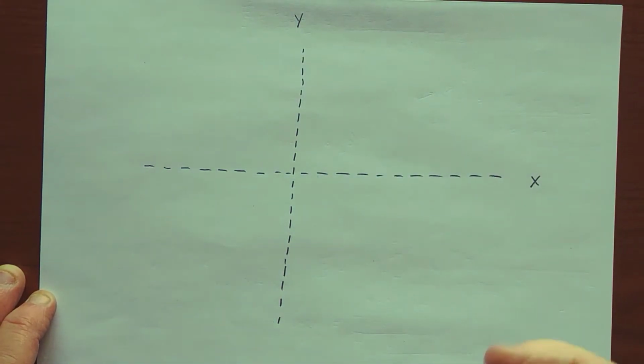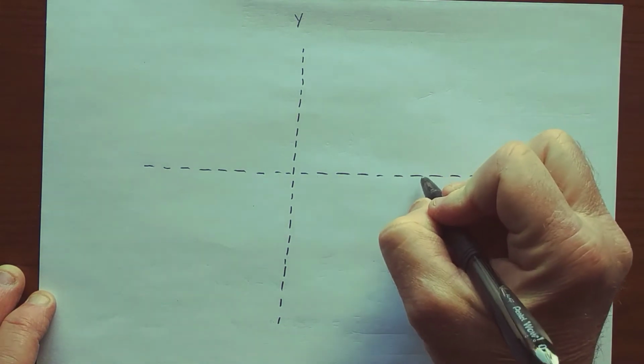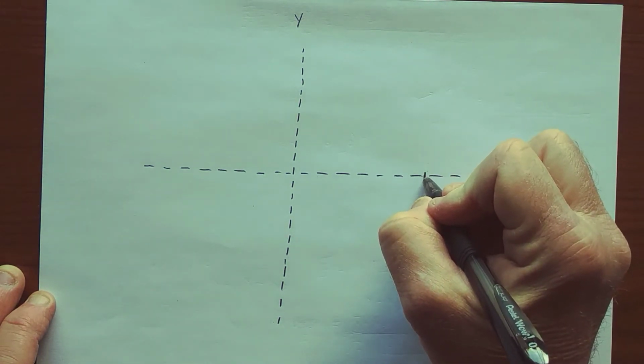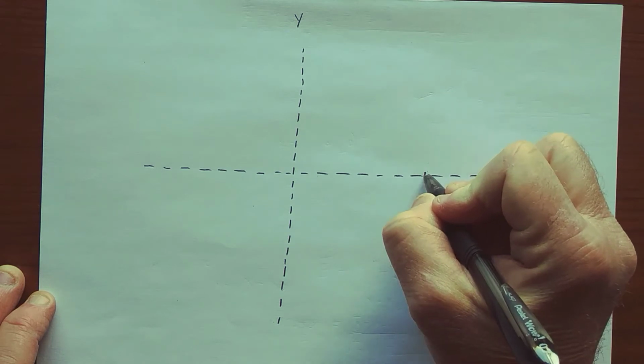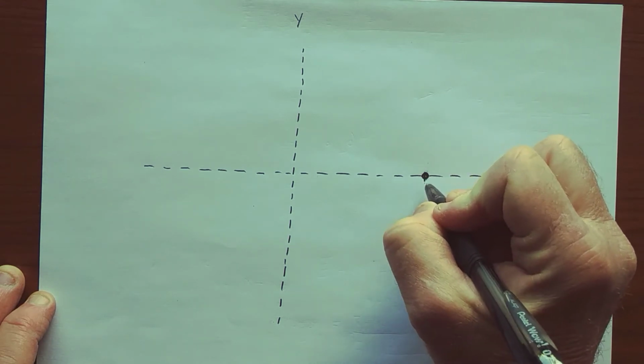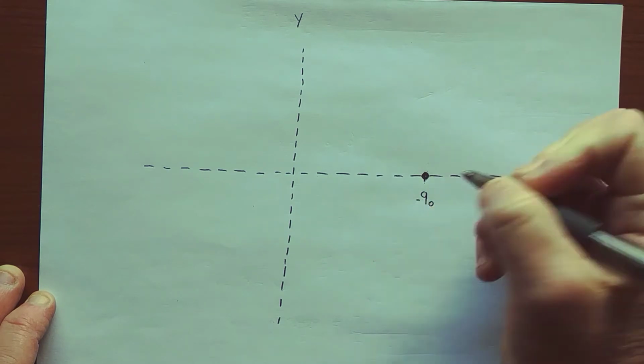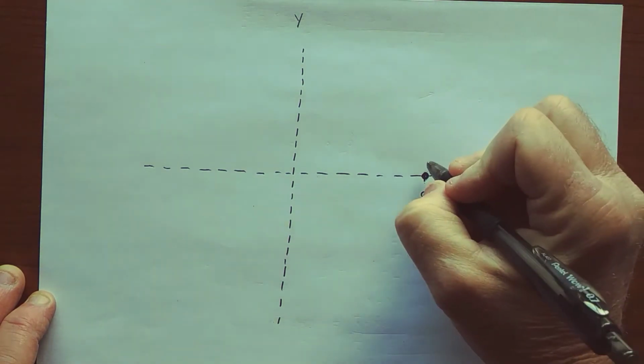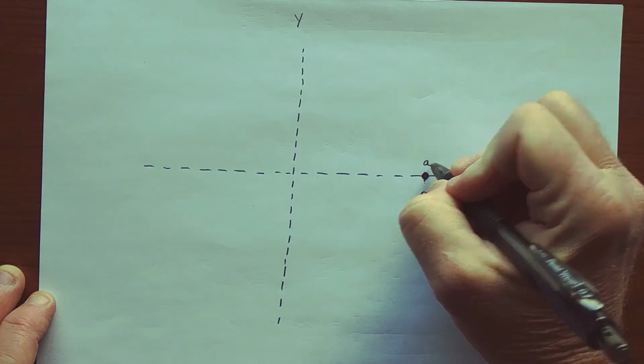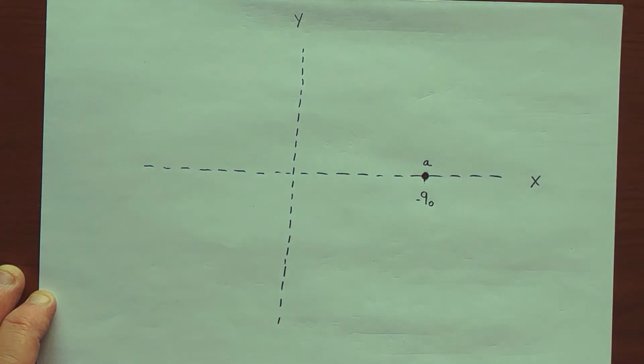Let's put a particle of charge, say, minus Q naught, and its location is x equals a, y equals 0.